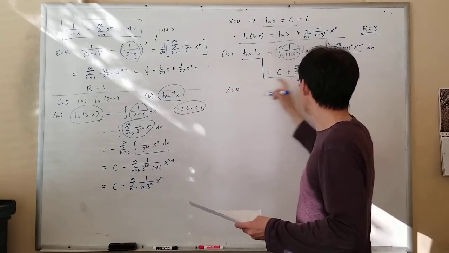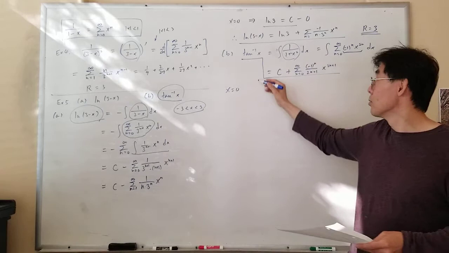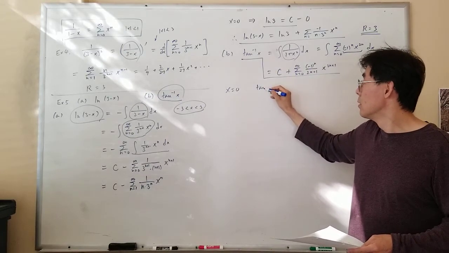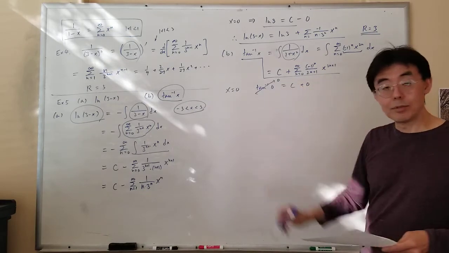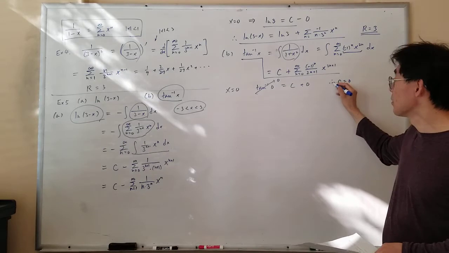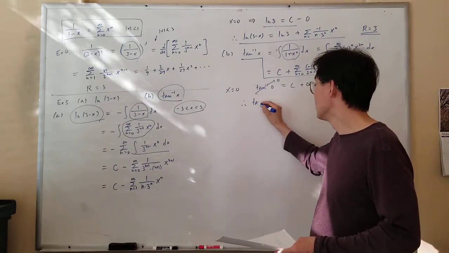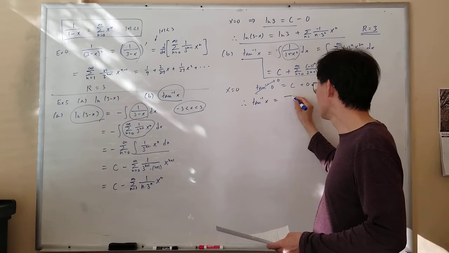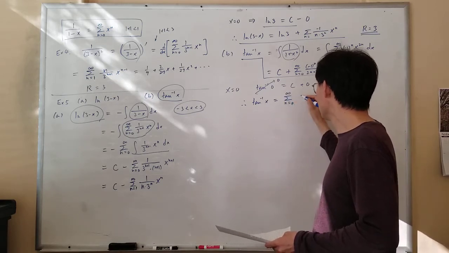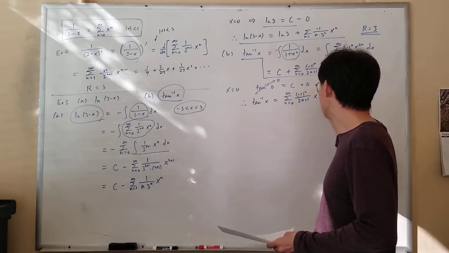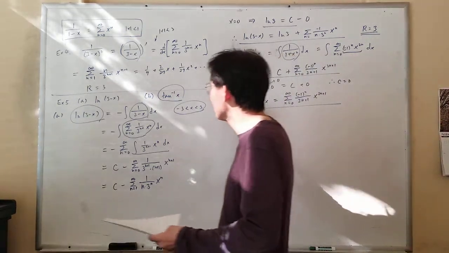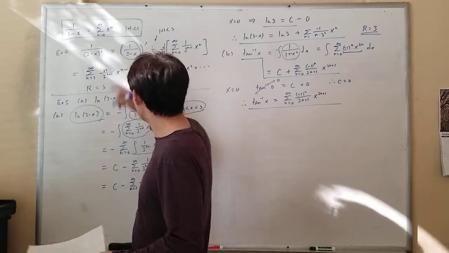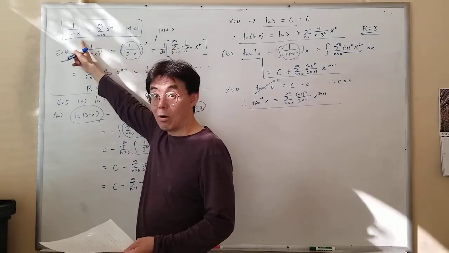Again, because of x to the something, we're going to plug in x equals 0. Tangent inverse of 0 is 0, but this one is also 0. So c equals 0. So we got the power series representation of tangent inverse of x, even though it doesn't look related to this at all.